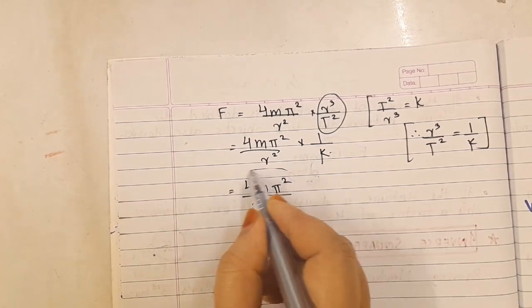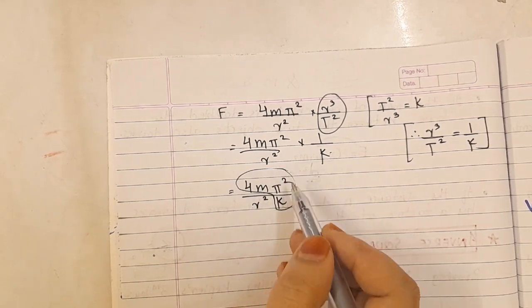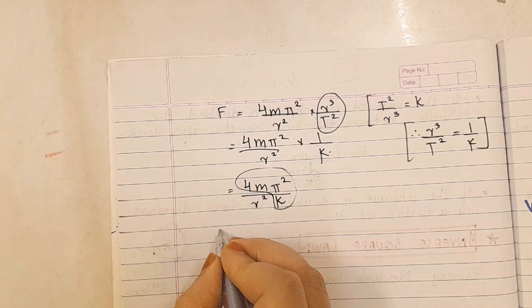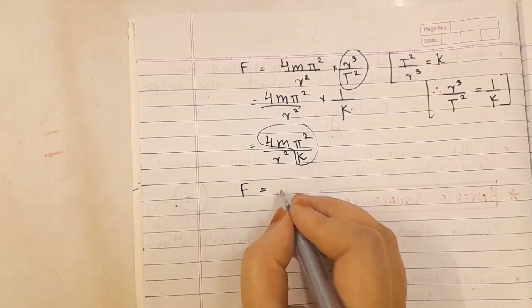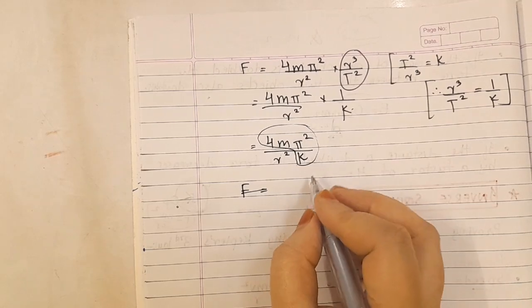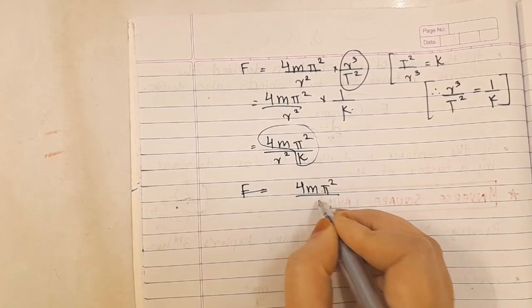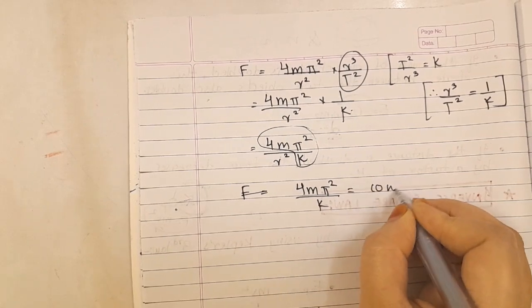Now student, what is this value? This is a constant value. Mass is constant, and these two factors are constant only. So first write the constant value: 4m pi square upon k is equal to a constant.